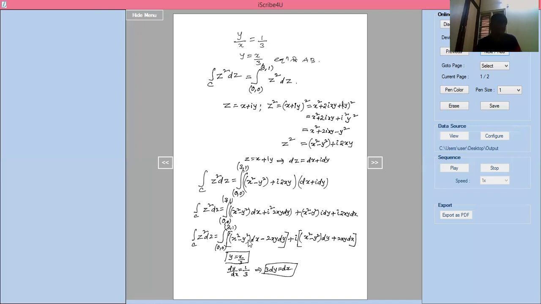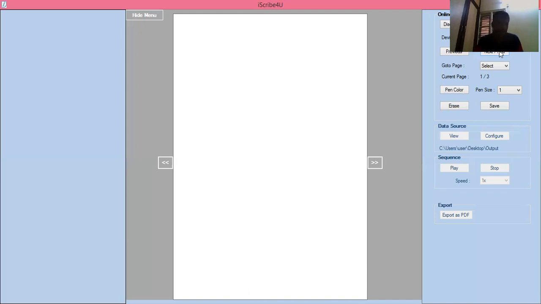Right, now we can take the integral of C z squared dz, with the limits y equals 0 to y equals 1.